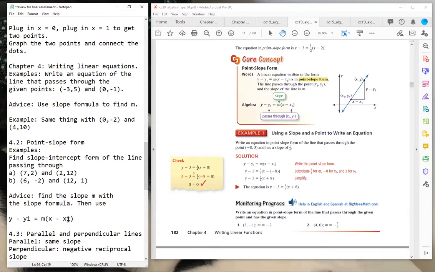And you can choose any point to be your x1, y1. Like I usually choose the first point, like 7, 2, to be 7 is x1, 2 is y1. And then you've got everything you need to plug in. The y and the x stay variables. You found the slope with the slope formula, and you plug in 2 here and 7 there.